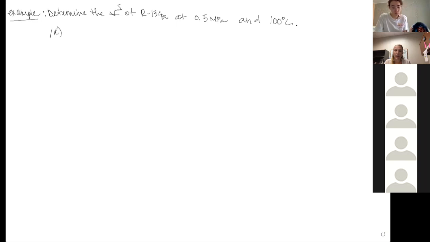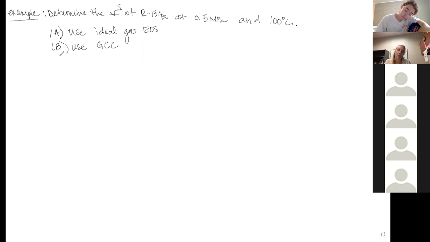For part A, it says to use the ideal gas equation of state. For part B, use the generalized compressibility chart, GCC. And for part C, compare errors with actual value.